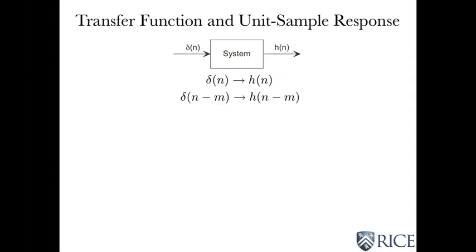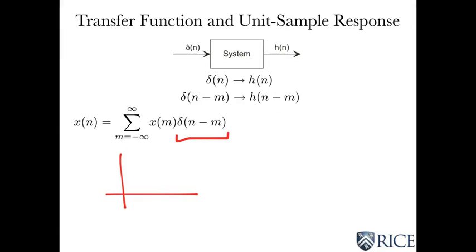Well, as we've seen, you can think about every signal in discrete time as a superposition of unit samples. So the unit sample at the origin has amplitude x of 0. Unit sample at time 1, its amplitude is x of 1.